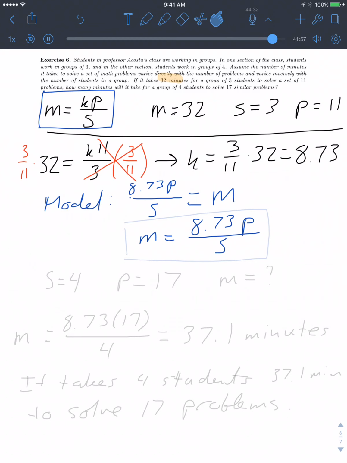So let's take stock of where we are. We've got a model, and we're given this question. We're told about the first scenario involving groups of 3 students solving sets of 11 problems. Then we're asked how many minutes it'll take for a group of 4 students to solve 17 similar problems. So what do we know at this point? Well, there's our model.